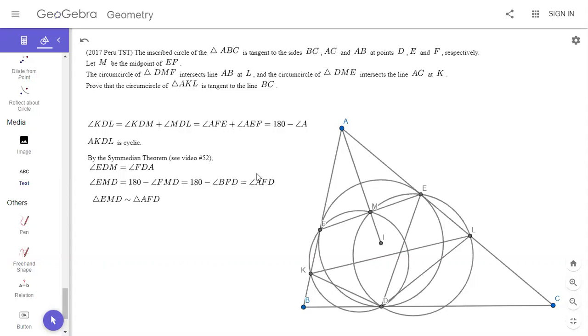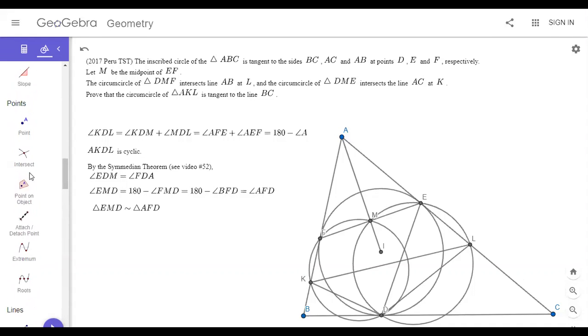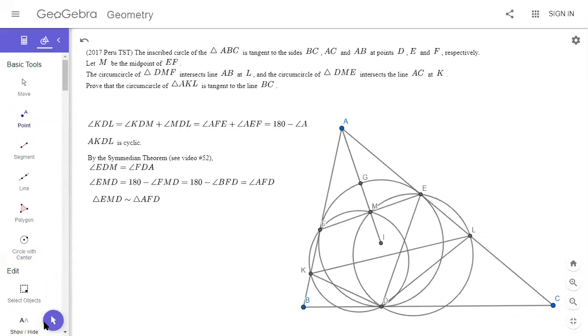I forgot to draw in the intersection point. Yeah, let's call this point G. I'm sorry, it is a mess.